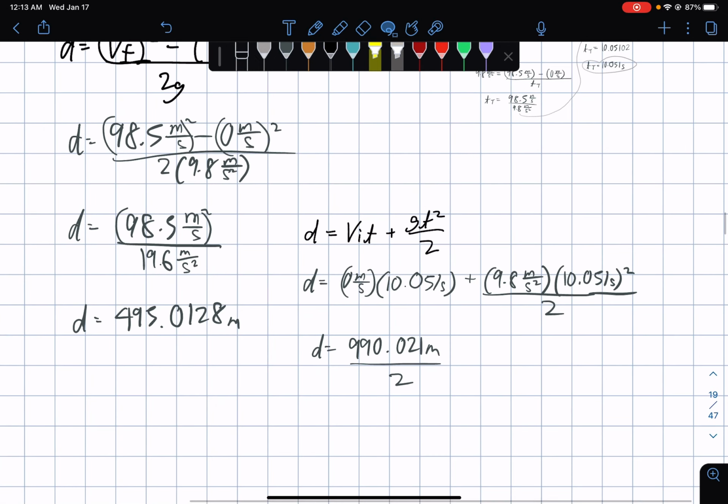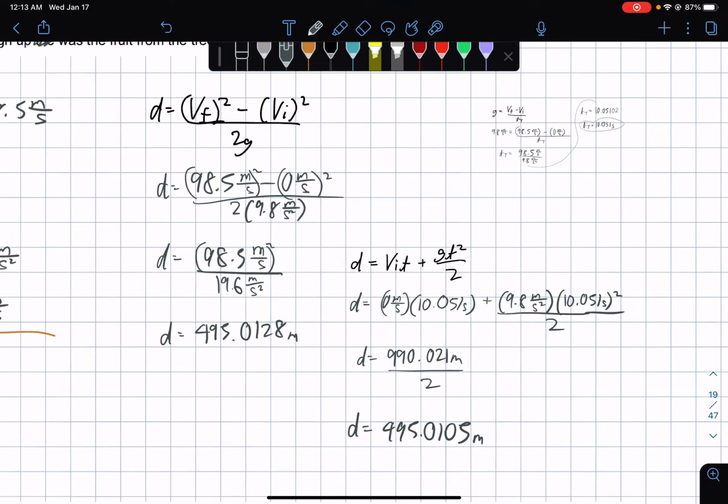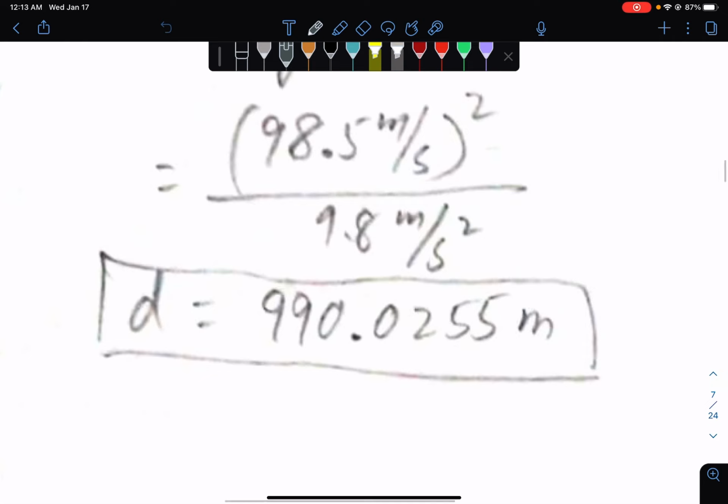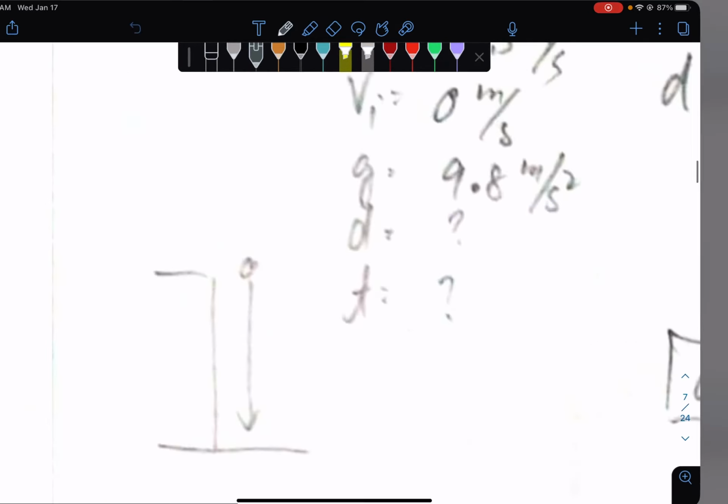Yeah, because if you divide 990.021, you get 495.0105. It's not so far from what we have right now. Let's see if the calculator says the same thing or otherwise. 98.5 raised to 2 over 9.8.